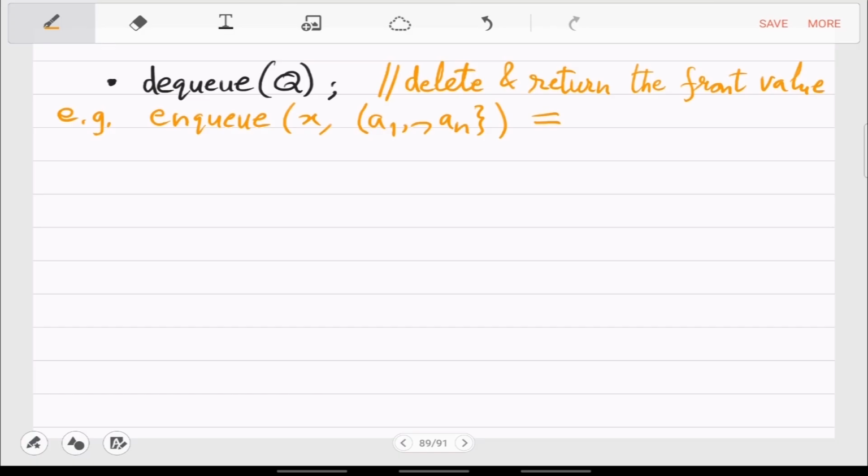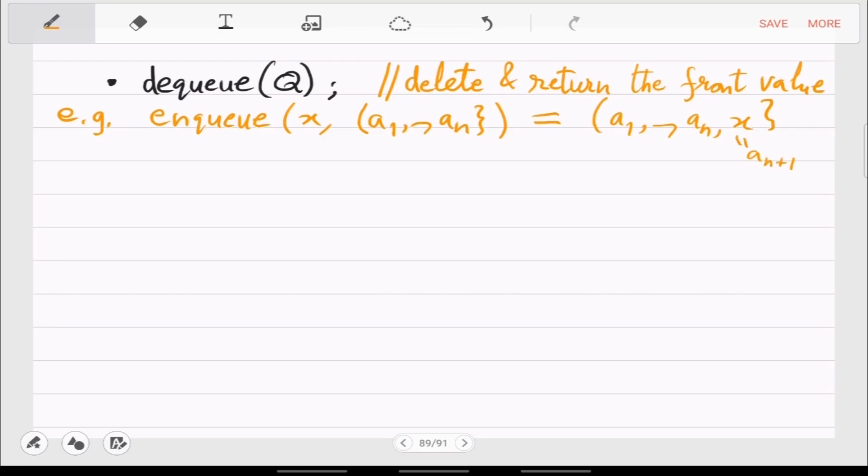So when you enqueue X, it becomes what? Yeah, AN comma X, you get that. So that is now AN plus 1.